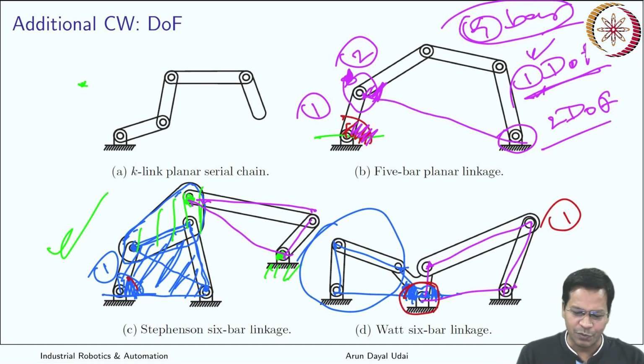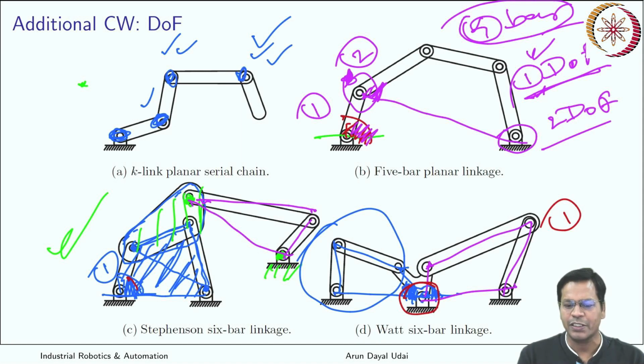Okay, now the last one, which is the simplest one, but I came here last, there is a reason for it. It is just like a serial chain system, just like your industrial robot. So in case of an industrial robot, if you freeze this one, this can move, this can move, this can move. If you freeze this one, still this can move and this can move. If you freeze this one, this can move.